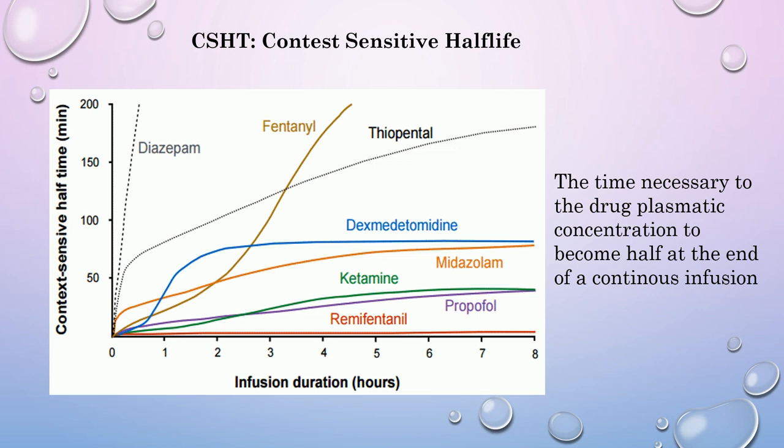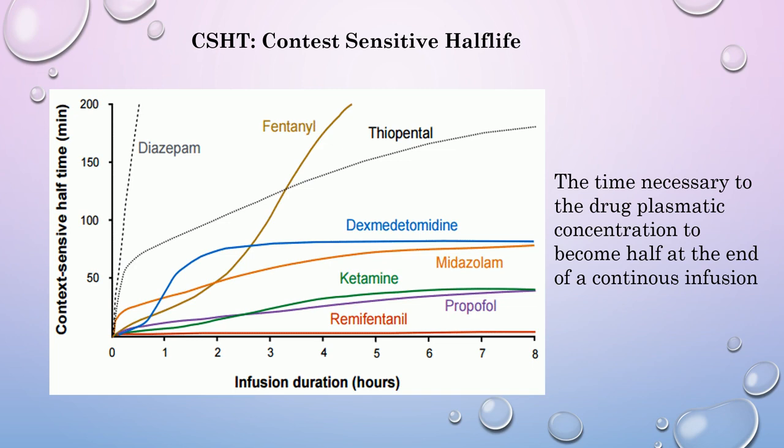So it helps us to choose the best drug to use. Choosing a drug with a short context-sensitive half-life allows us to have a fast recovery, lower accumulation, fast weaning, and easier neurological daily assessment.